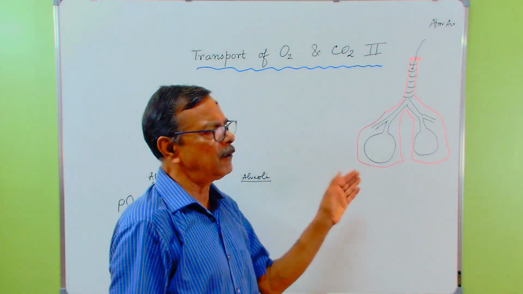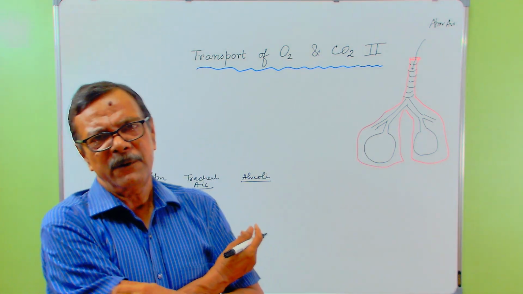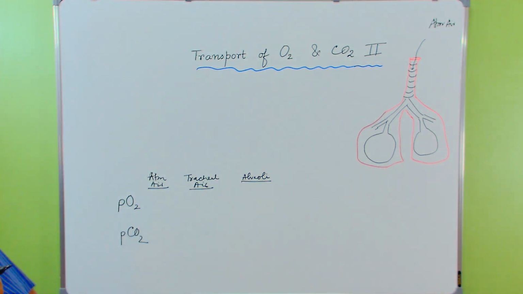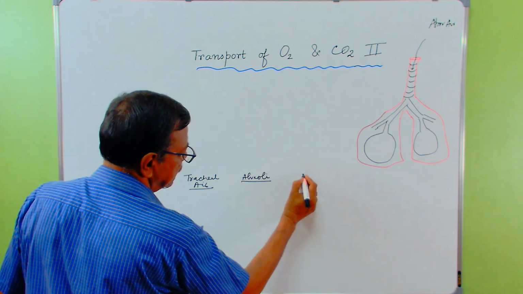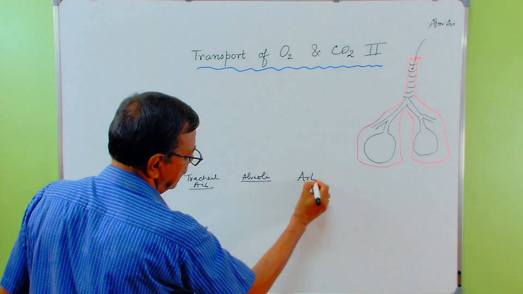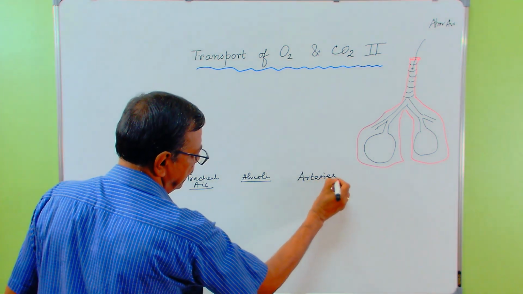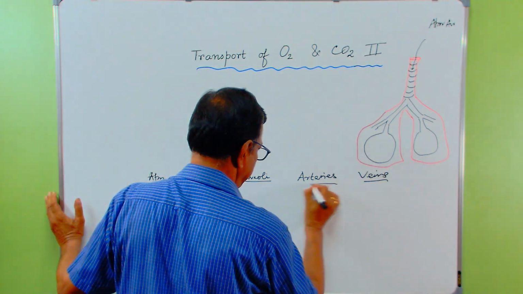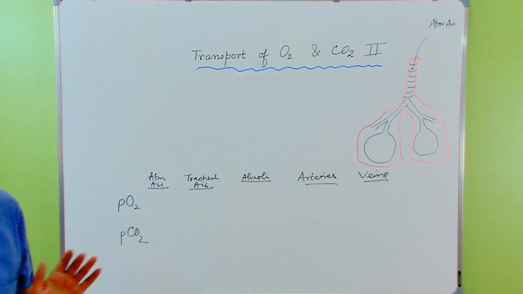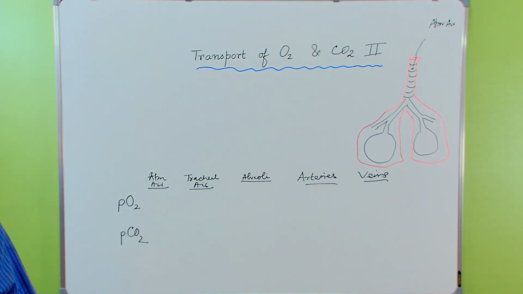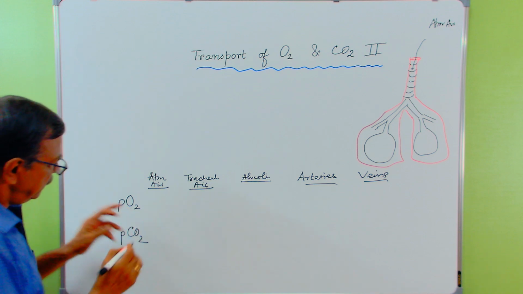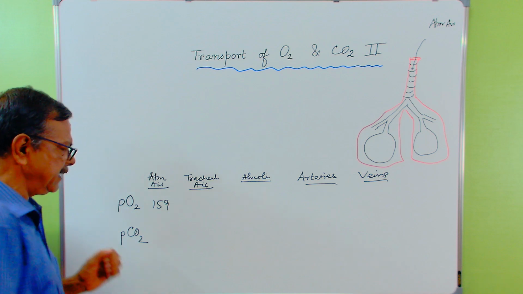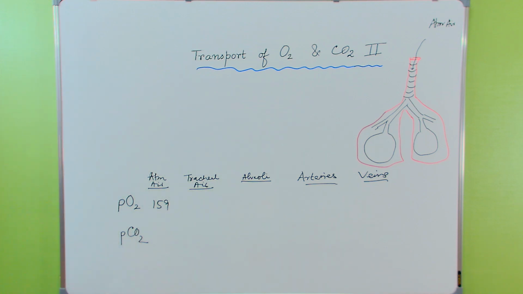And ultimately it goes into the pulmonary veins, in the veins and arteries. This I am giving you a chart so that it will be easier for you. Oxygen is here 159 or 158 like that, millimeter of Hg.